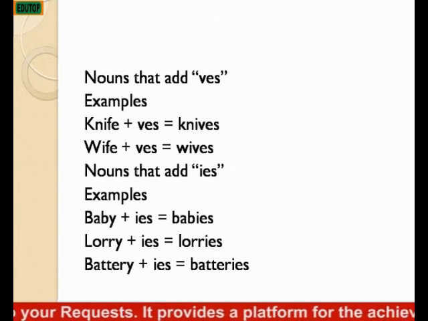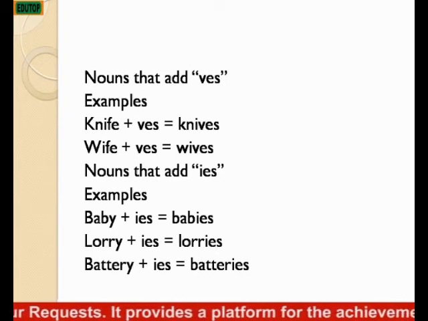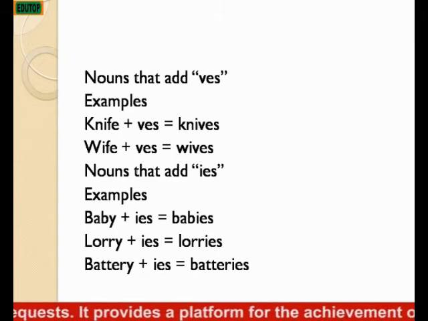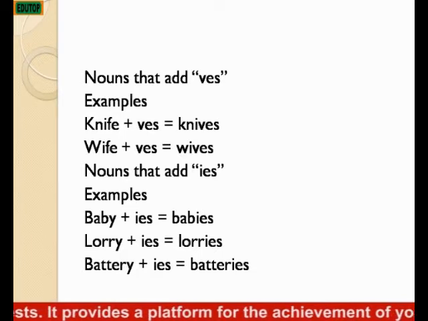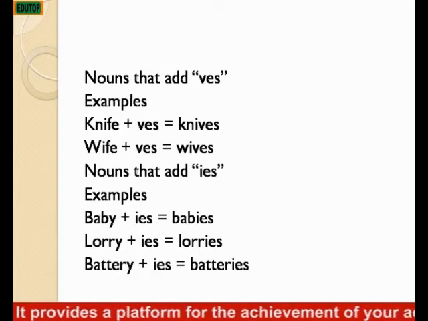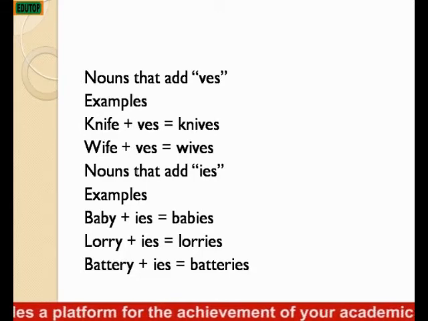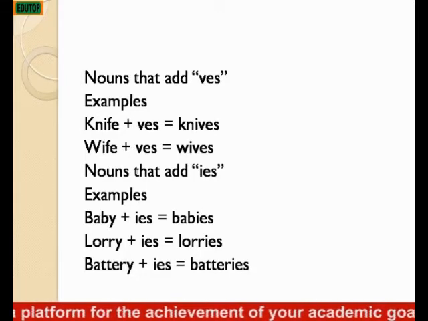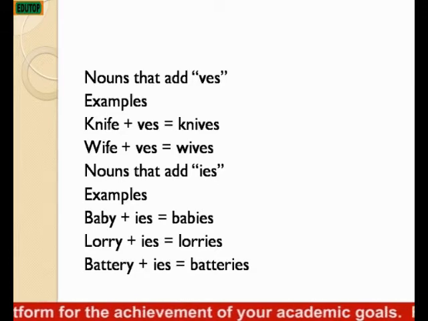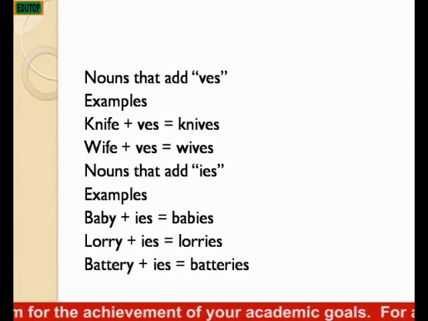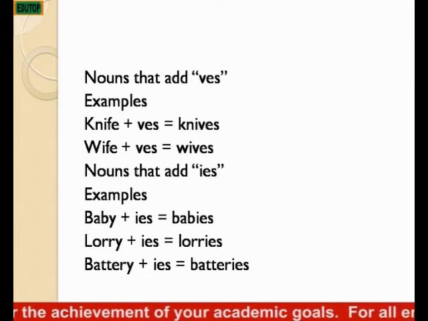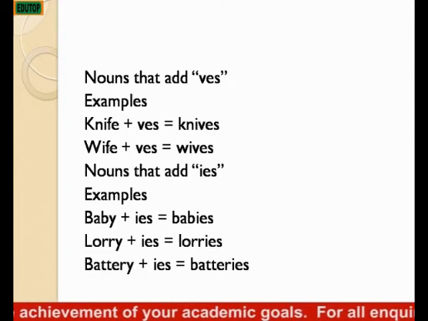Another category is nouns that add ves. Examples include knife. When you want to change knife to plural, you have to remove the fe, or you change the f to v and then add s to become knives.